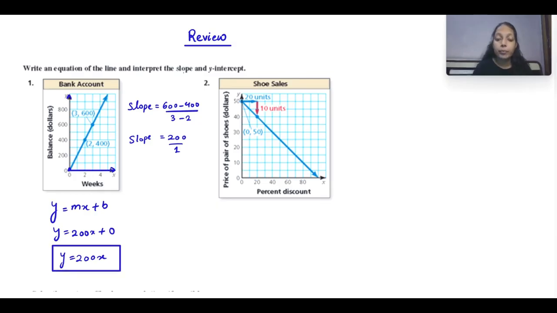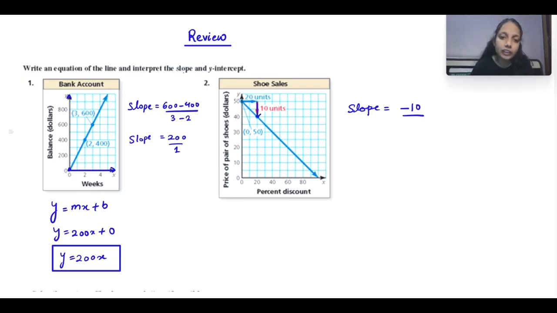Let's do the second one. Here x is representing the percentage discount and y is representing the price of a pair of shoes. Let's find the slope in this case. Difference of y values. How does y change? It goes down 10 units. Down means negative. How much? 10 units.